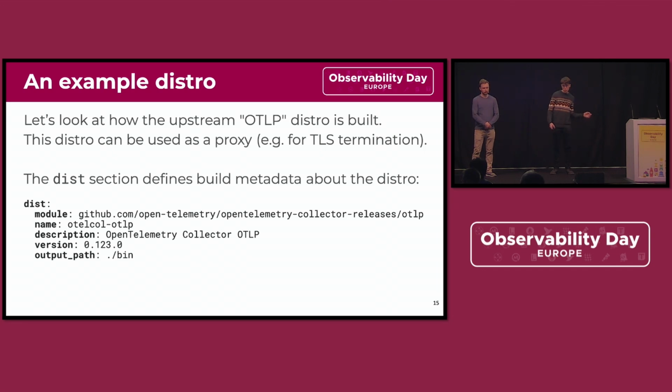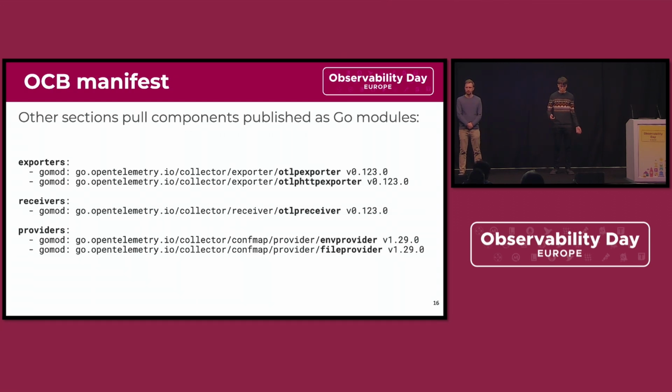Right, so first we have this section where we define some build metadata about this distro. We need to give a module name that is a valid Go module, and then a bunch of descriptors about what this distro is about and the version that we're releasing that will be passed down to the different components. And then, of course, we need to specify the different subcomponents that are available in our distro.